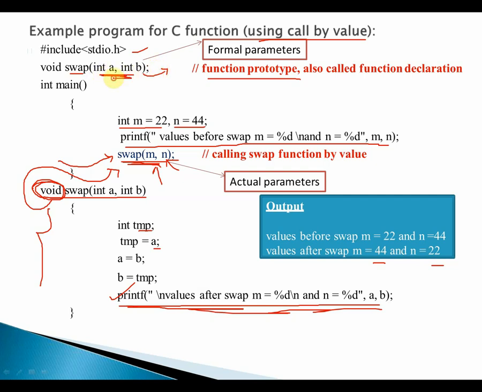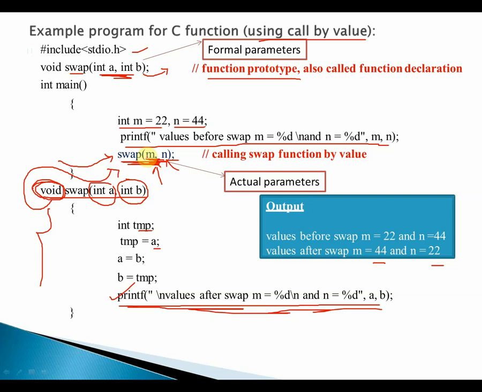So these variables and these variables, or parameters rather, are stored in separate memory locations. Whenever we do the swapping, the values of m and n are passed to that function, and at this location those values are stored.